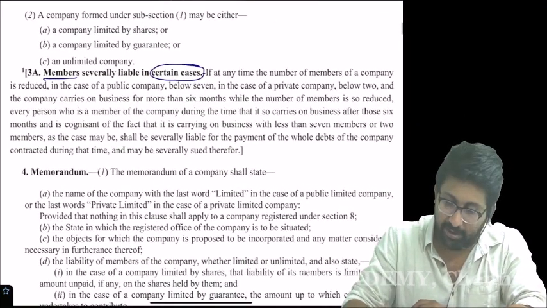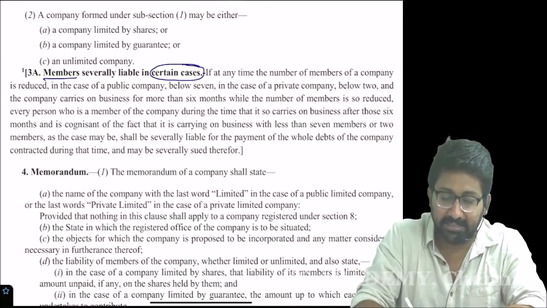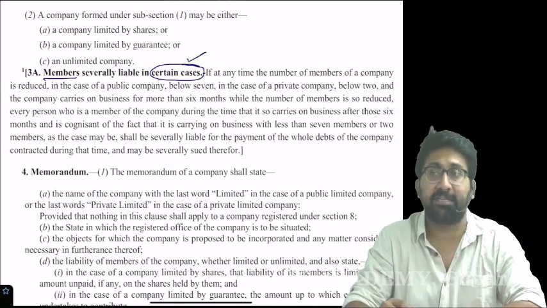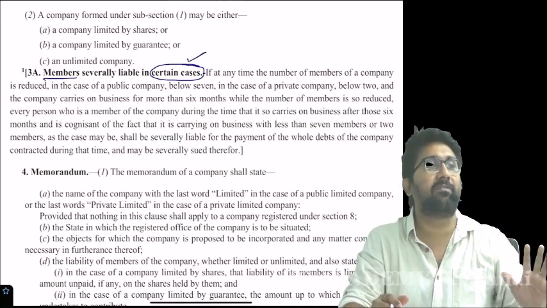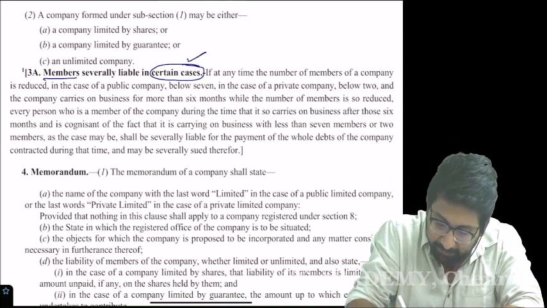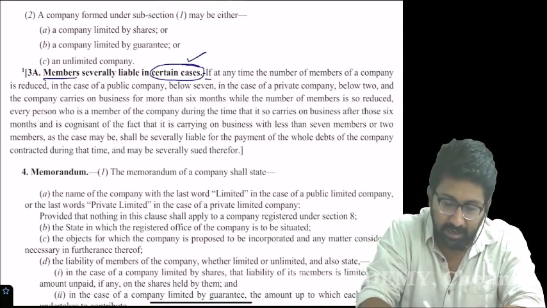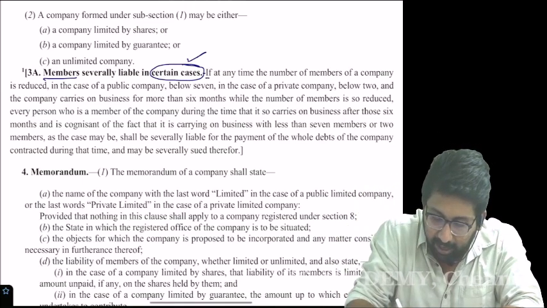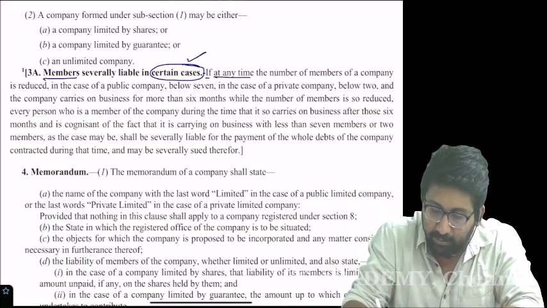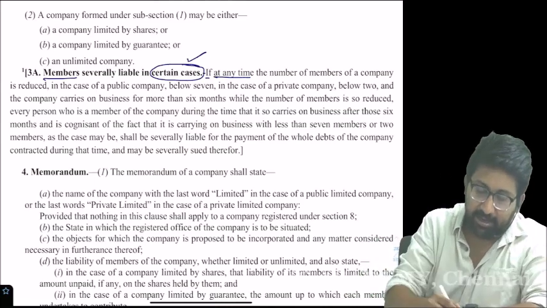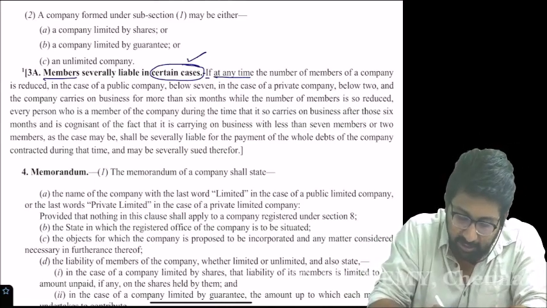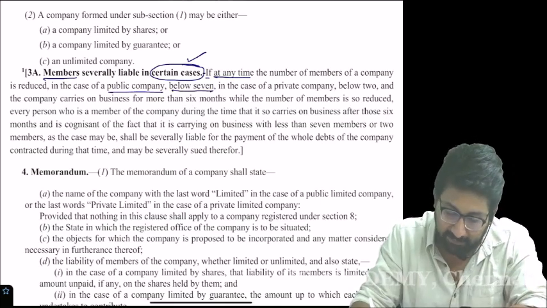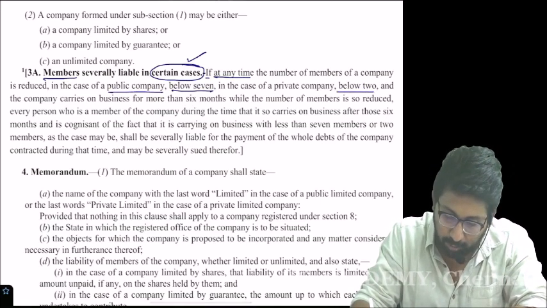So anyway, let's read. Members severally liable in certain cases. Everyone, word to word, in the Bare Act we have to read. Start. If at any time the number of members of a company is reduced, in case of public company below 7, in case of private company below 2.